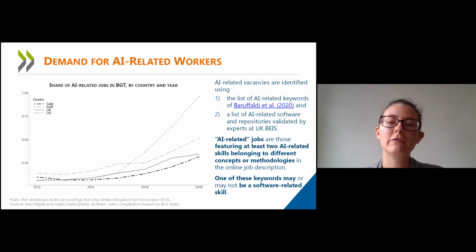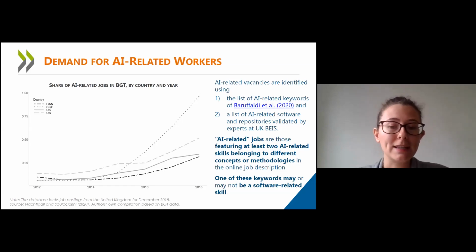If you have a job advert which contains the words neural networks and convolutional neural networks, for instance, then we say that these 2 keywords belong to the same concept, and therefore this job ad would not be considered AI related. If it now also contains, let's say, the skill computer vision, then we would consider it, because computer vision is coming from a different kind of concept.